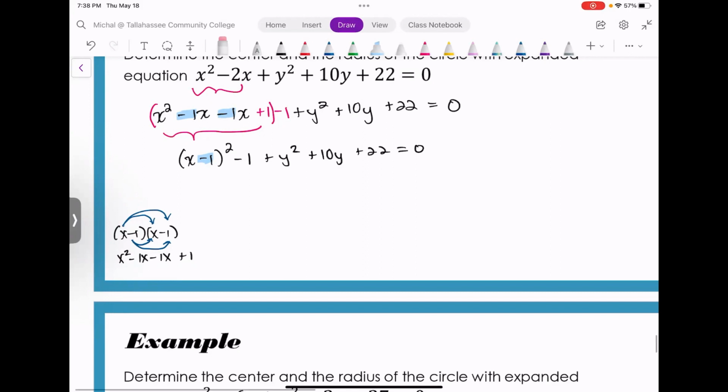I'm going to erase off this scratch work here because we're going to do it again. Considering only my two terms with y in them, I'm going to rewrite it with that 10y split in half twice. So plus 5y plus 5y. I'm going to copy everything down.